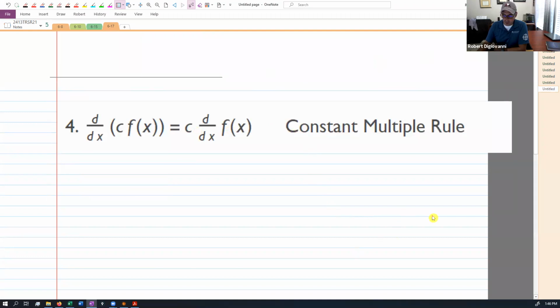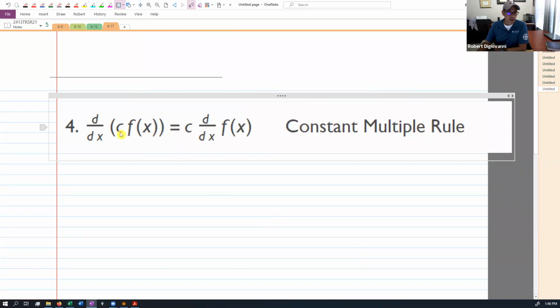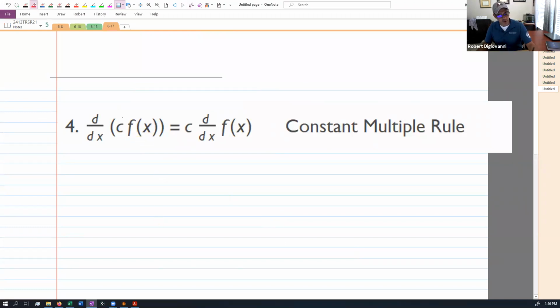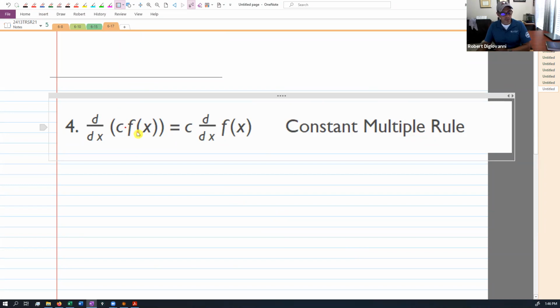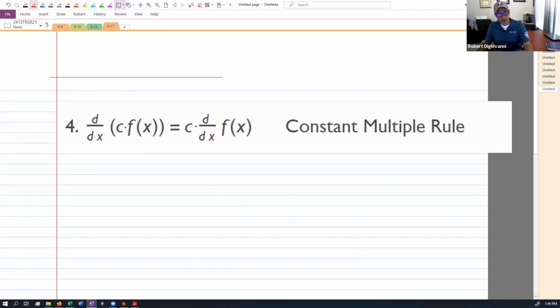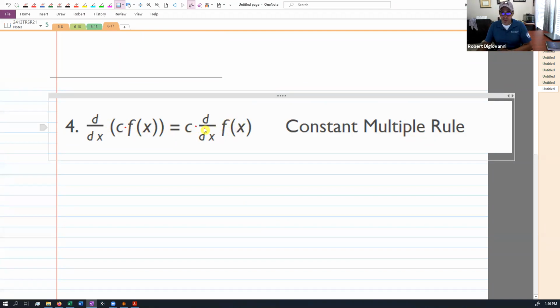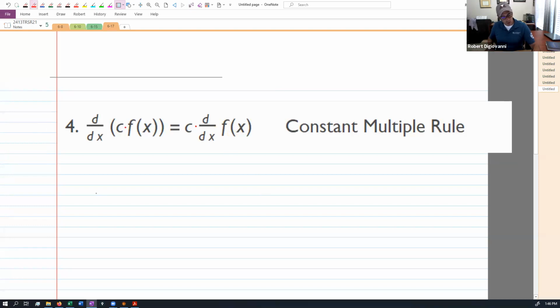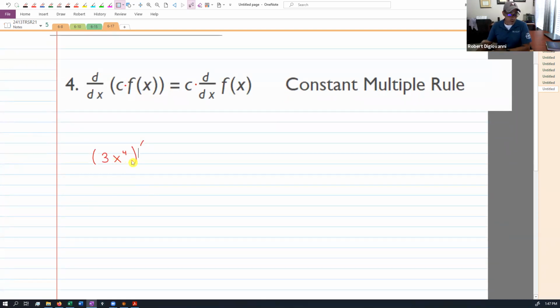All this constant multiple rule says is that if you have a constant attached to a function through multiplication, what you can do if you want to know the derivative is you can just bring the constant with you and take the derivative of the function that you see. Let me give you an example. Let's say I wanted you to take the derivative of 3x to the 4th power. Okay, so this notation means, hey everyone, take the derivative of this.